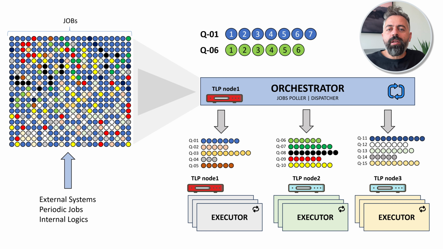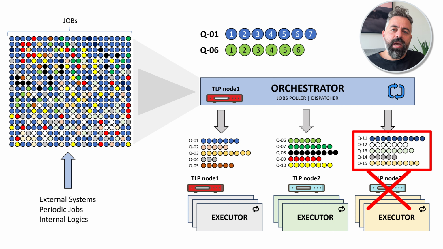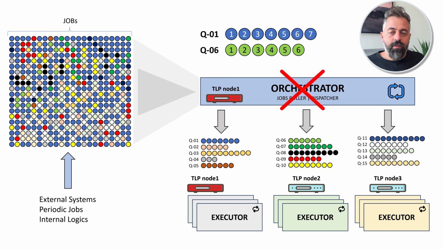It could happen that one executor node goes down. For example, let's say node 3 goes down. In such case, the orchestrator will take care of redispatching the jobs that were assigned to node 3. If, however, an orchestrator node goes down, which is this situation, so we lost node 1, the remaining nodes will communicate with each other and elect a new orchestrator.